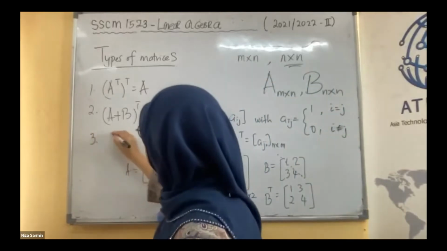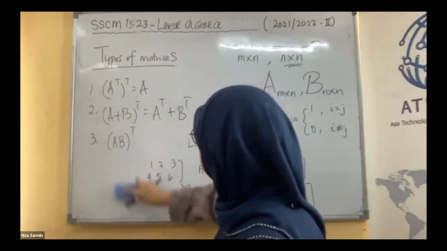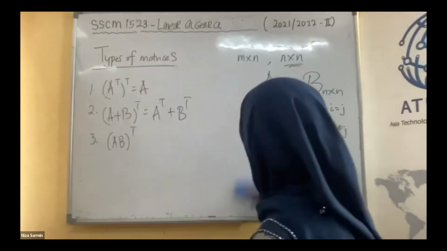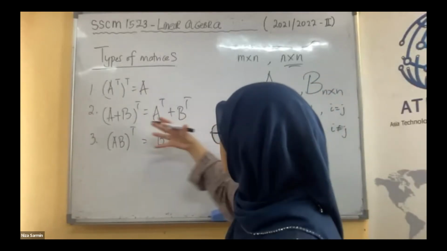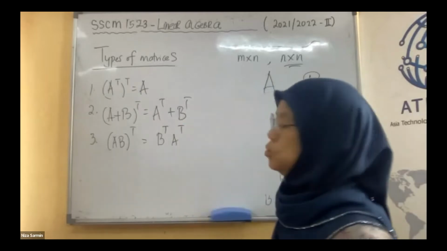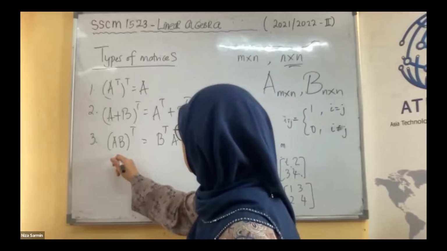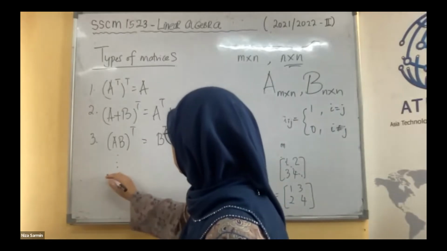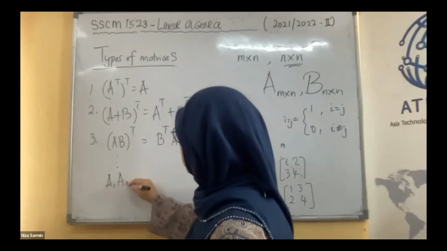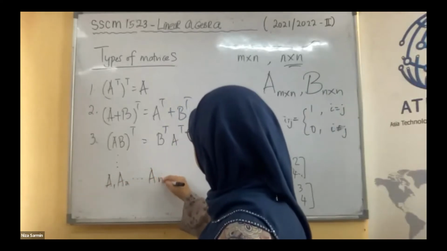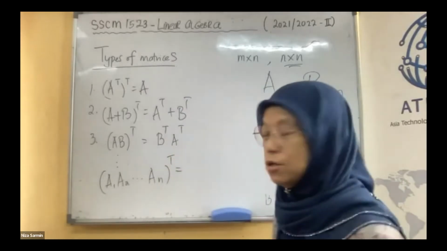The third one is different. When you multiply, then you transpose, this is B transpose first, so you read from the right, then A transpose. So remember this property. In general, if this is A1, A2 until AN transpose, that's why there is a dot, dot, dot.